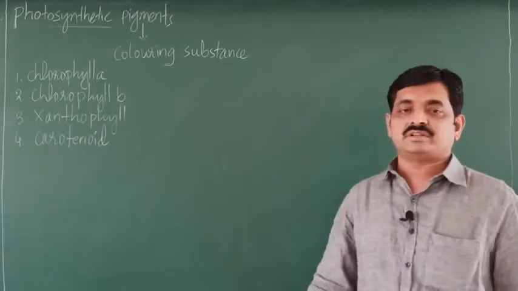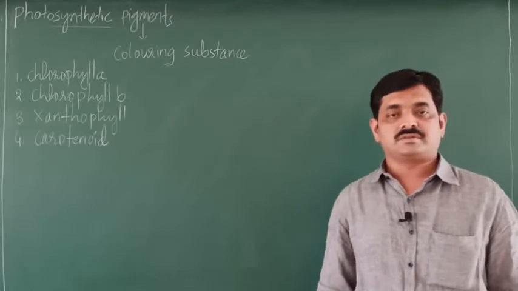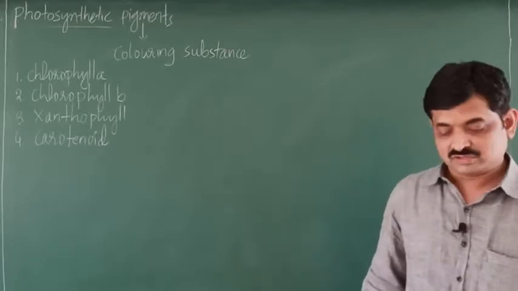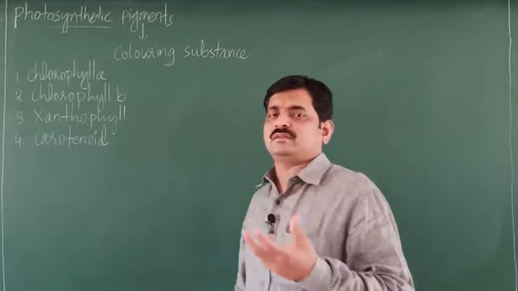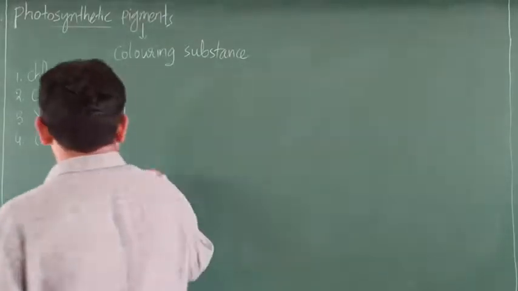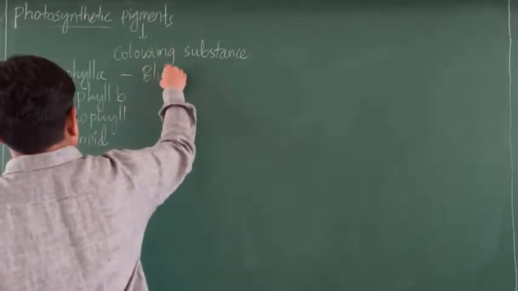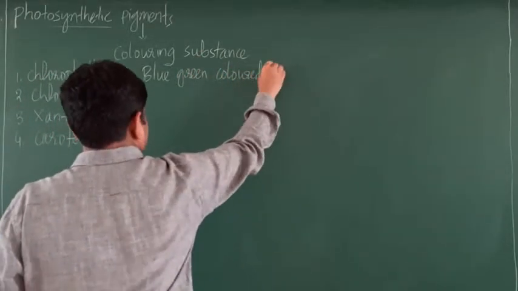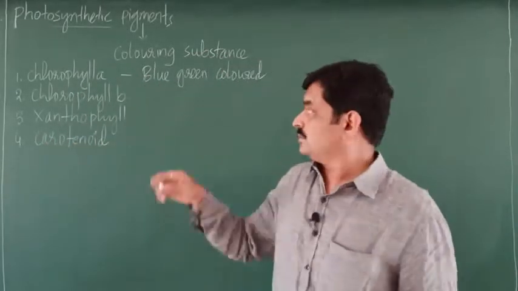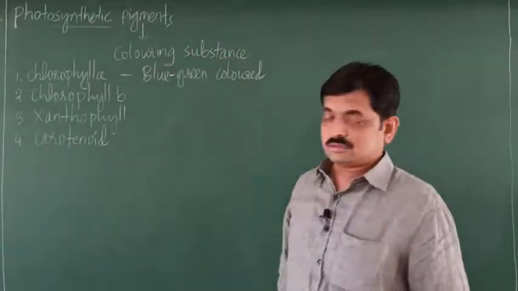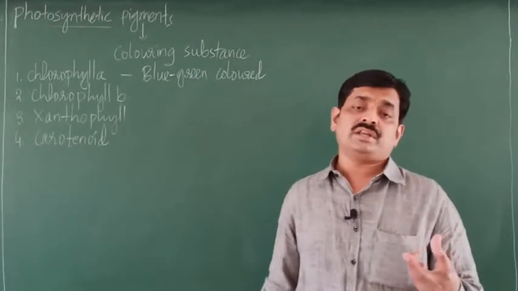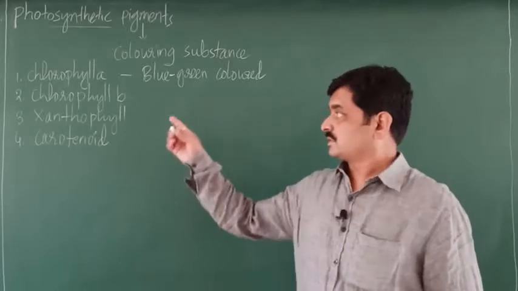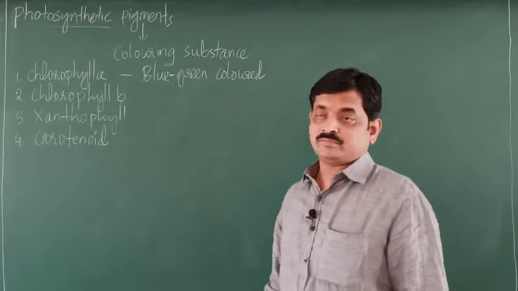So these are the various photosynthetic pigments, right? So chlorophyll A is a very familiar photosynthetic pigment, which is blue-green colored. So a bluish-green colored pigment that is involved in photosynthesis, it is chlorophyll A, right?